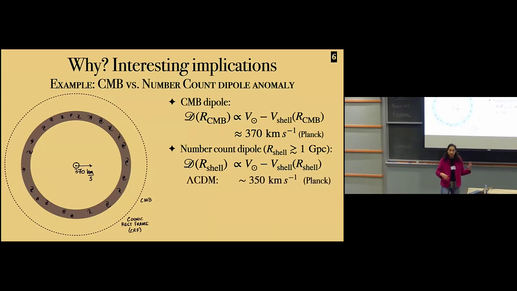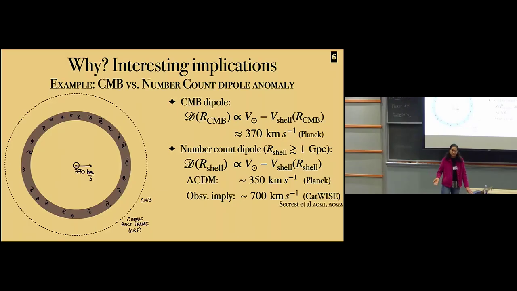Using the Planck measurement, lambda CDM predicts that this dipole should have a velocity of about 350 kilometers per second. But the number count dipole that is observed implies a velocity of about 700 kilometers per second. So it's twice as large as the theoretical expectation, and this is the anomaly.